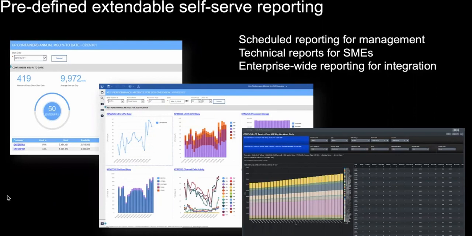Increasingly, we see a need for enterprise-wide reporting. And what that means is Z is not isolated within the IT world. Your mainframe applications and workloads are being driven by things off the platform, like a mobile banking application coming in through z/OS Connect, CICS driving transactions there, updating DB2 databases.